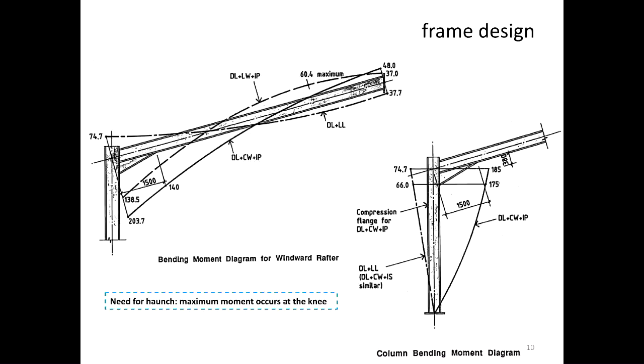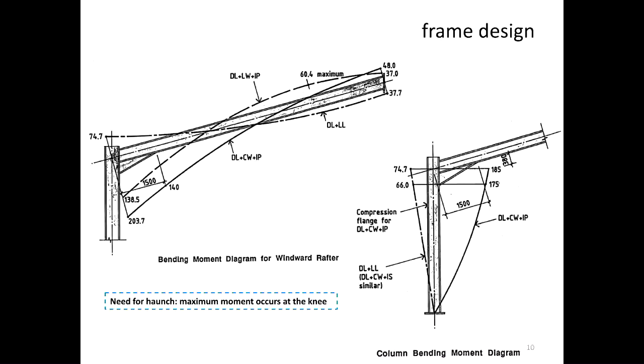So because we want to resist a much bigger moment than the section capacity, we then add the hunch, which provides a deeper section where we have maximum or higher bending moment. Is that making sense? Okay? So that's the concept, and that is why we have the hunch.